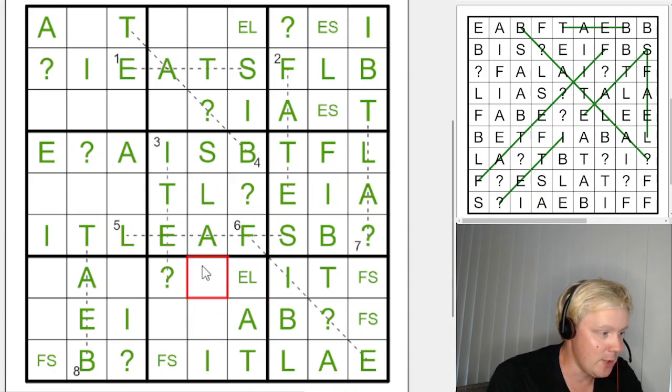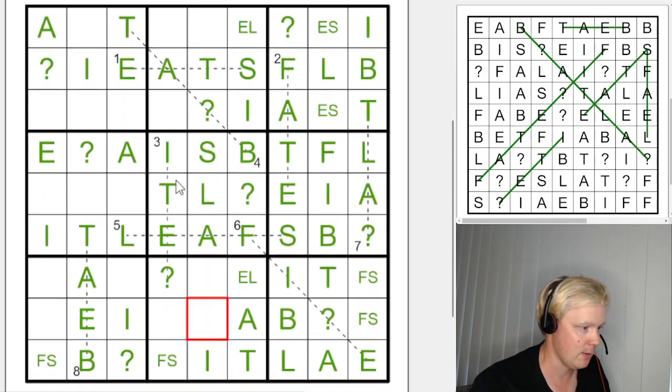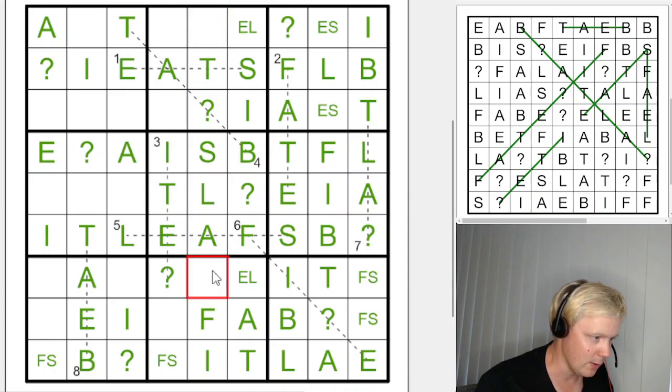So, okay, how about this column? This is only needing 3 as well. So A is there, we need B, E, and F. B, E can't be here, so this must be the F, and that helps us. So not B, not E, this is F, and these are B, E. Do we not know it?